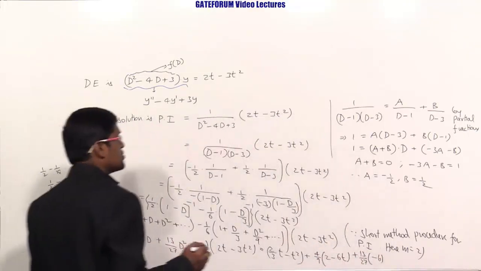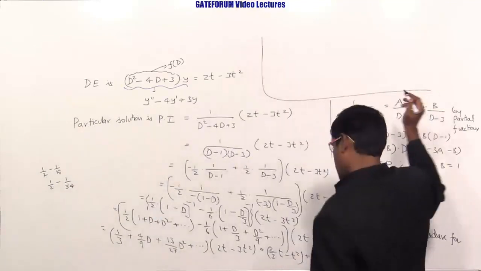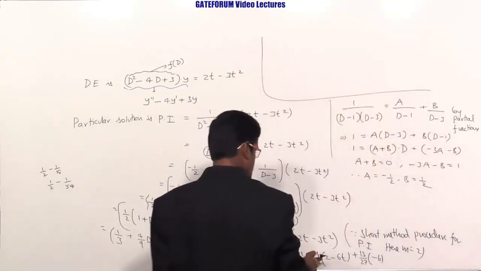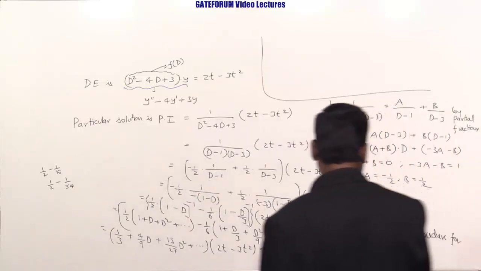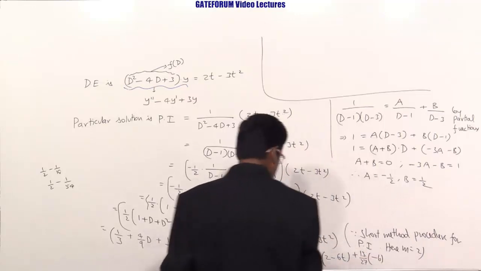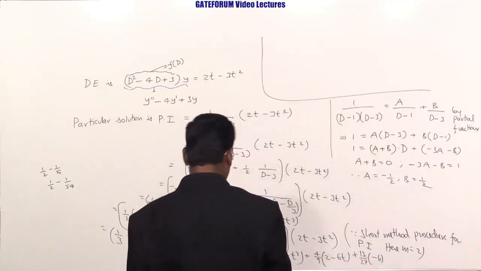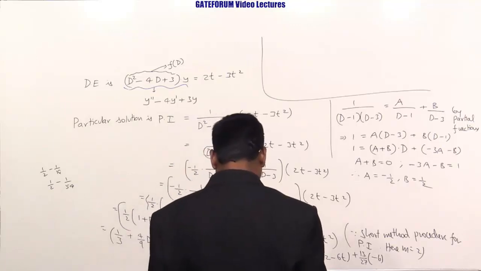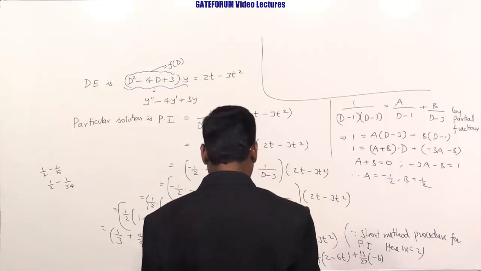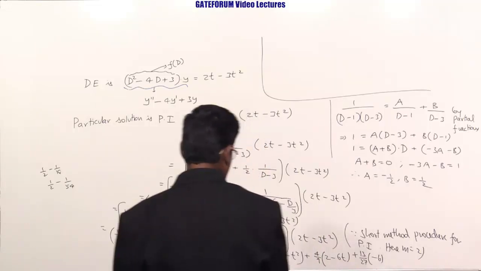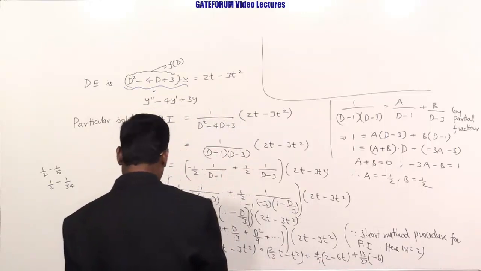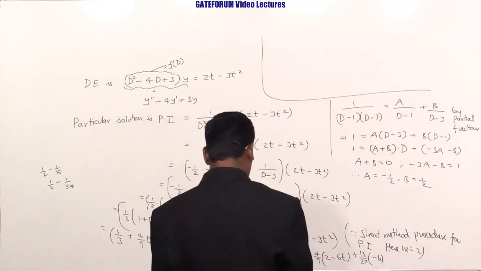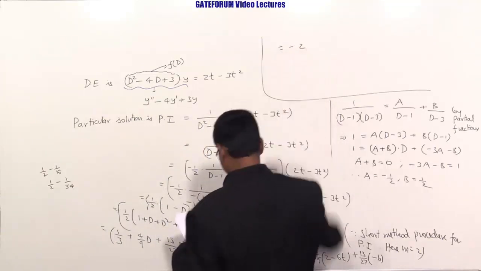So finally this simplifies to 8 by 9, and then 3 times 26 by 9 is 26 by 9, so 8 minus 26 is minus 18 by 9. Just check that the two constant terms will simplify to minus 2.